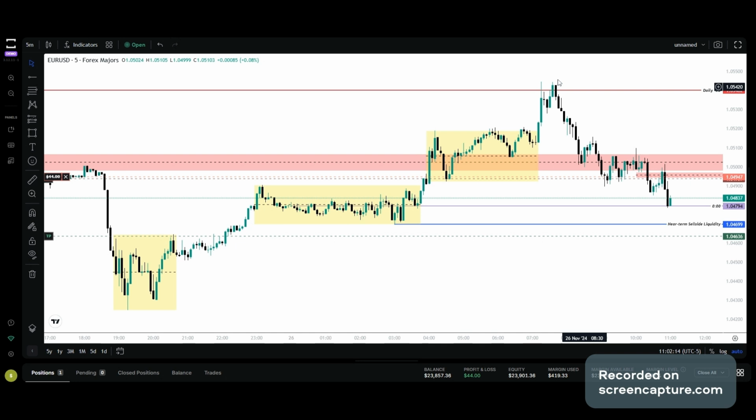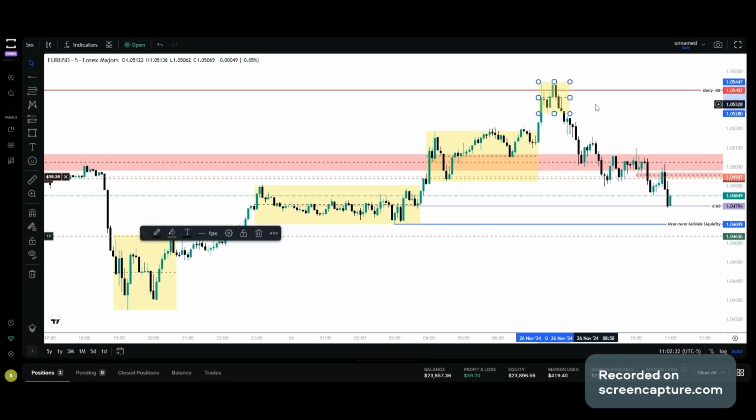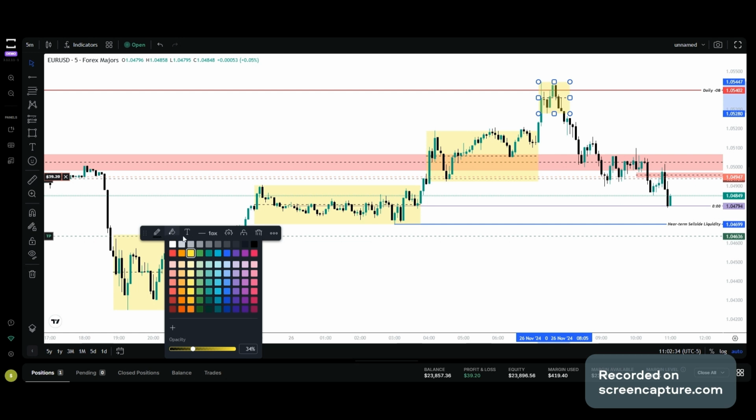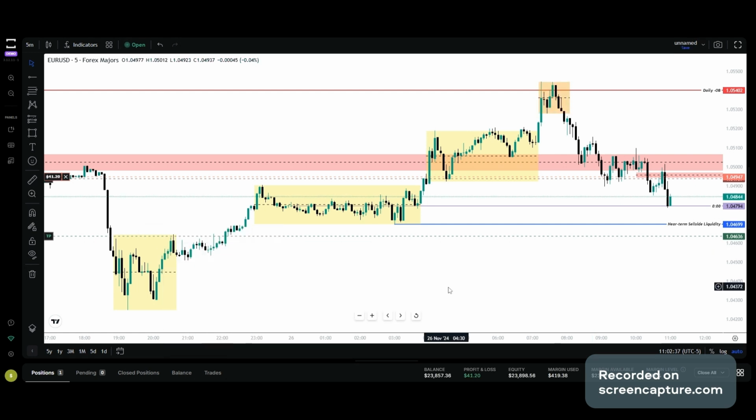Then we have our smart money reversal. We have our displacement, low risk sell right here.